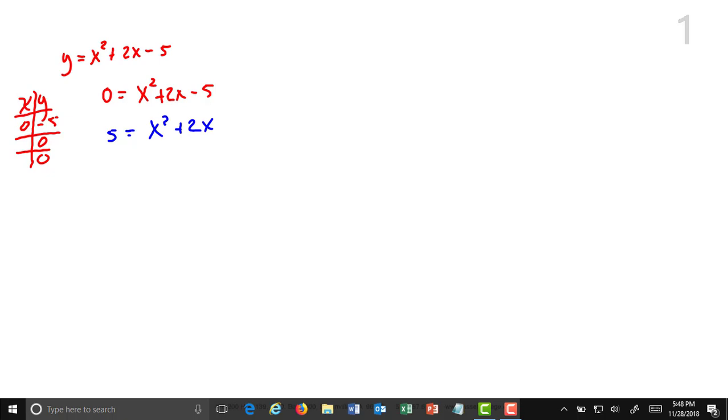What is 2 divided by 2? Good. You take that answer, which is 1, and you square it. Because you don't want to change the equation, you have to add 1 squared, which is 1. So this is equal to 6, correct?